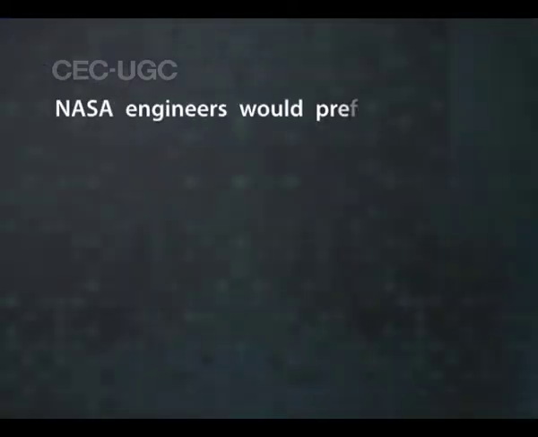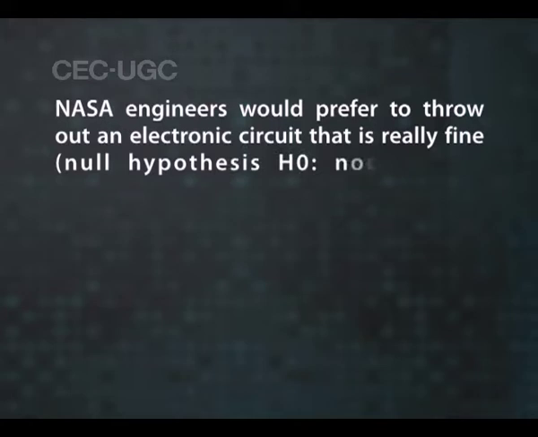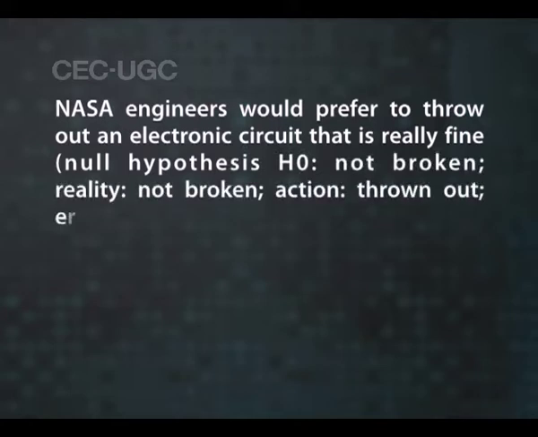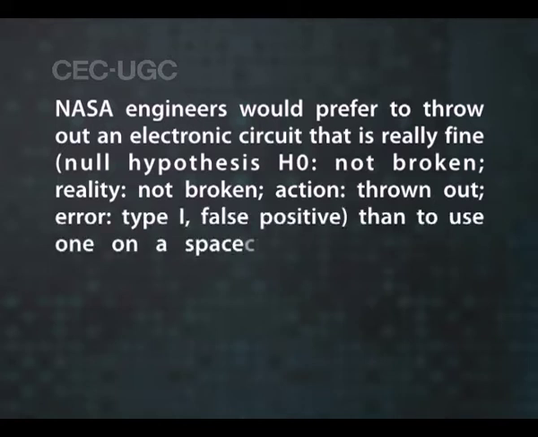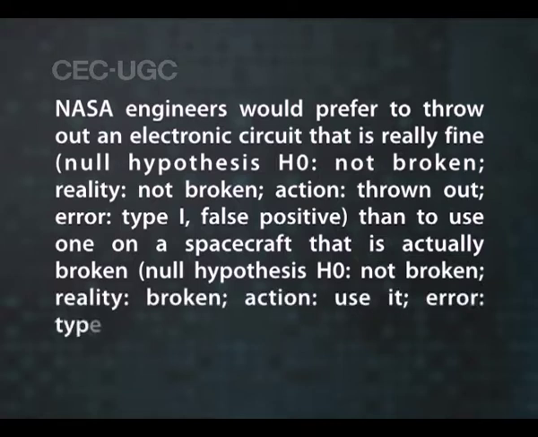For example, NASA engineers would prefer to throw out an electronic circuit that is really fine (null hypothesis H0: not broken, reality: not broken, action: thrown out, error type 1, false positive) than to use one on spacecraft that is actually broken (null hypothesis H0: not broken, reality: broken, action: use it, error type 2, false negative).